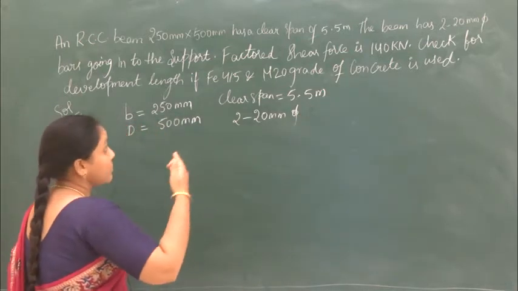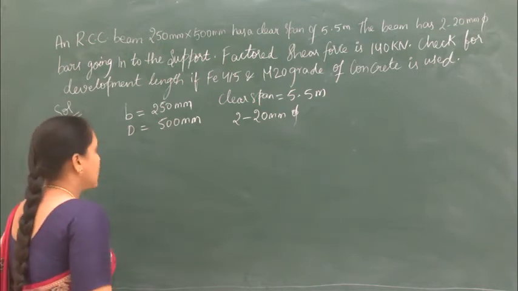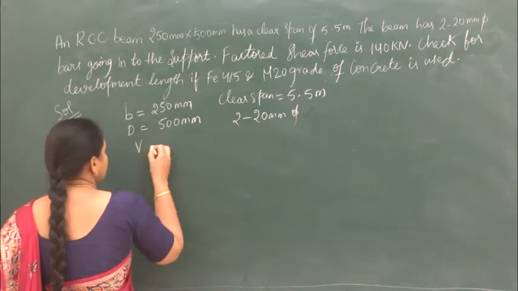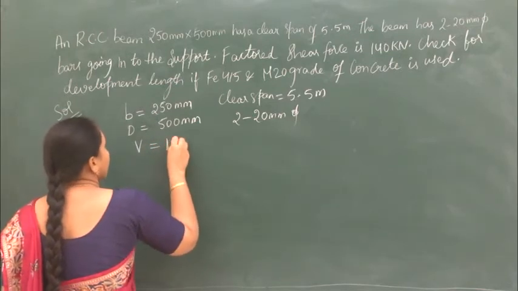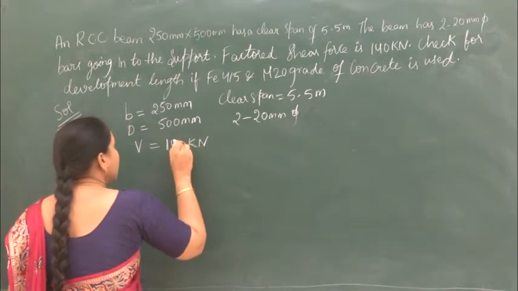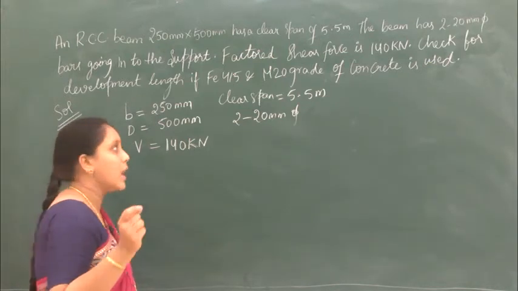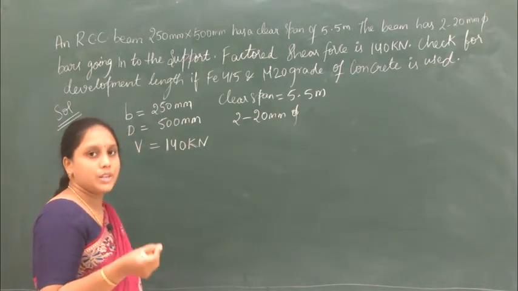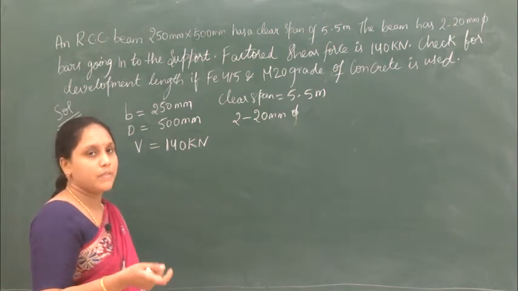Now the factored shear force V is given here as 140 kilonewton. If only the shear force is given, then you have to find the factored shear force by multiplying it with a suitable partial safety factor.